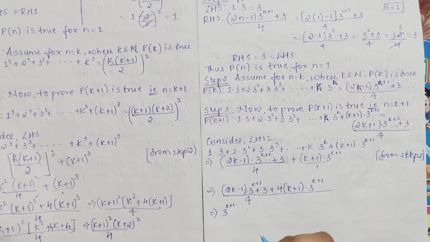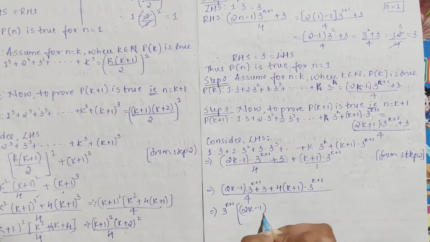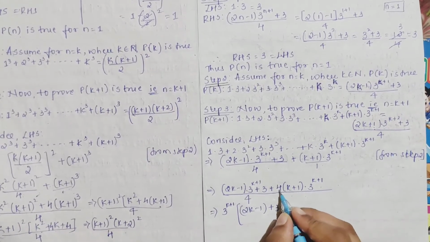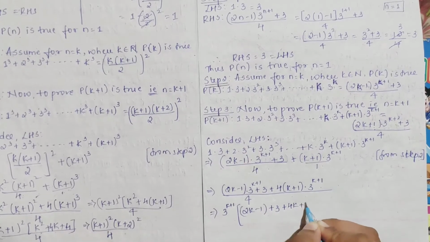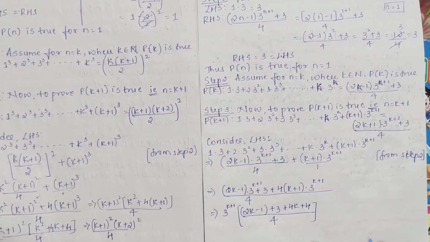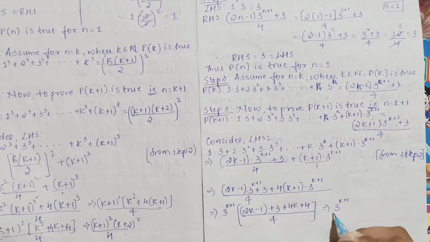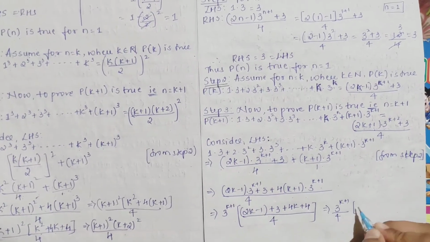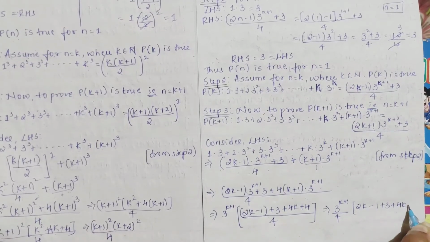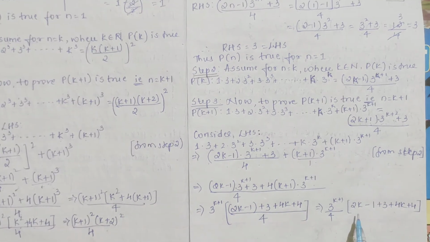So if I have taken 3 k plus 1 common, I will be left with 2k minus 1 plus 3 plus this, I can open up 4k plus 4, okay, whole divided by 4, right? Even 4 I can keep outside. Here I will write 3 k plus 1 divided by 4. So I will have 2k minus 1 plus 3 plus 4k plus 4, okay. So right, you will get like this.